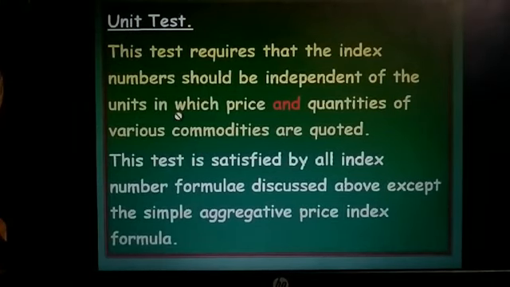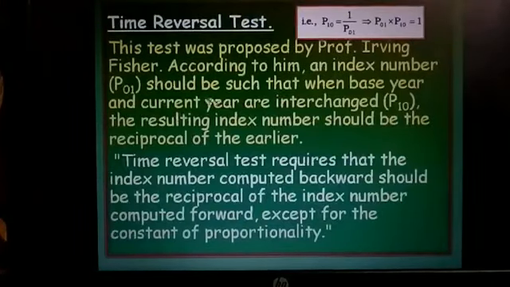So the next test we shall see is the time reversal test. As the name itself tells, time is being reversed. Which time have we considered in our discussion of index numbers? The time is nothing but base year and current year, base time and current time.